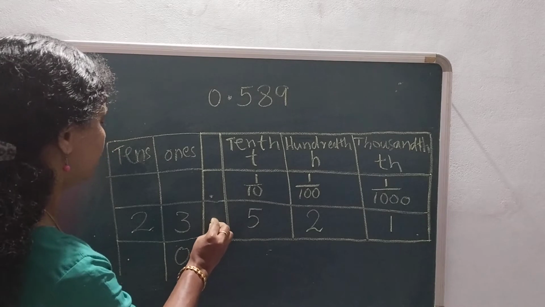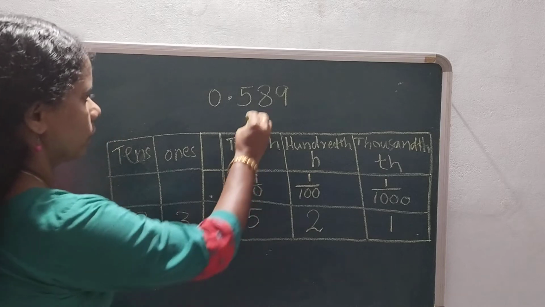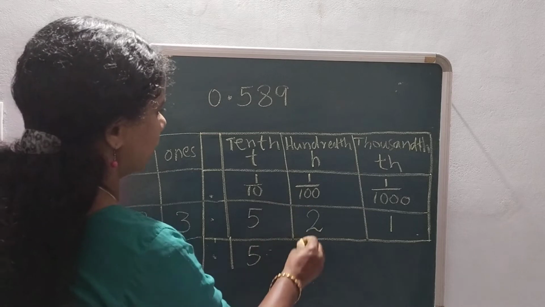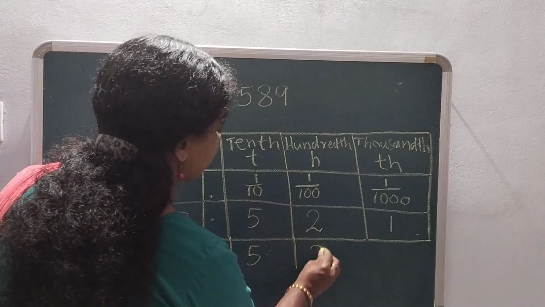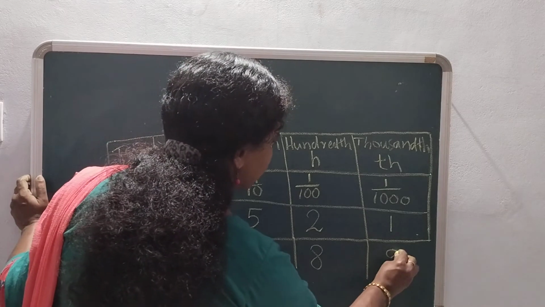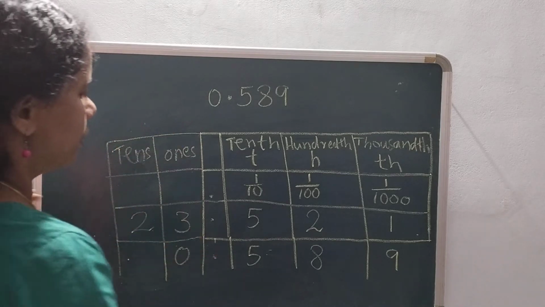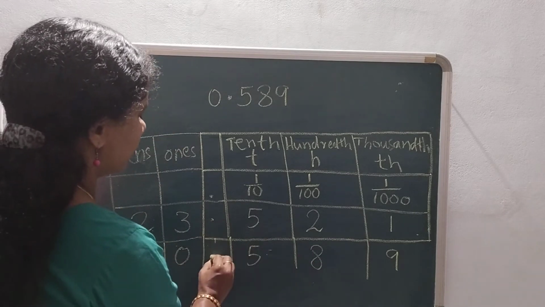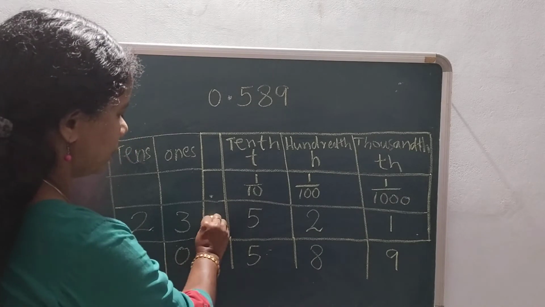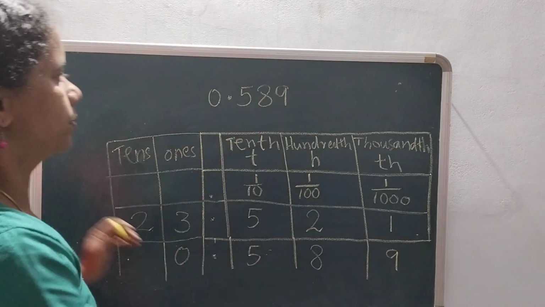Then we put the decimal point. In the tenths place it is 5, then in the hundredths place it is 8, then in the thousandths place it is 9. Okay, children, this is how we have to do it. After the whole number, we are giving the decimal point. Okay. Let's do one more example.